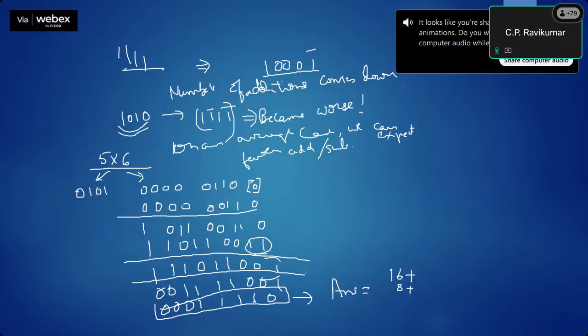The next one is 4, and the next one is 2. So this answer should be 30. So it requires an adder or a subtractor, I mean something that can do both add and subtract.